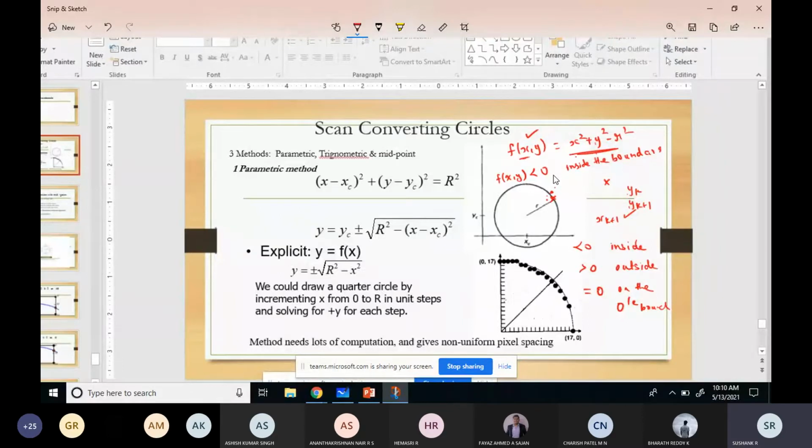If f of x, y is less than 0, it tells that the point x comma y is inside the circle boundary. If it is greater than 0, the point is outside the circle boundary, and equal to 0 means on the circle boundary. So three scenarios will come by calculating f of x comma y.